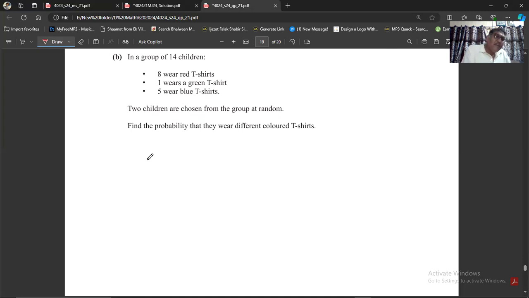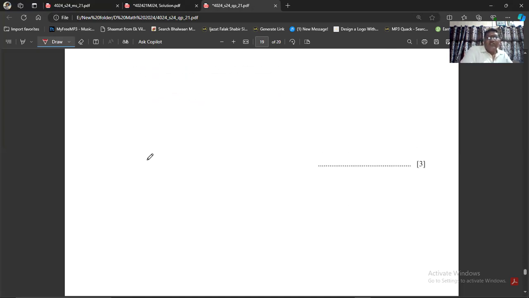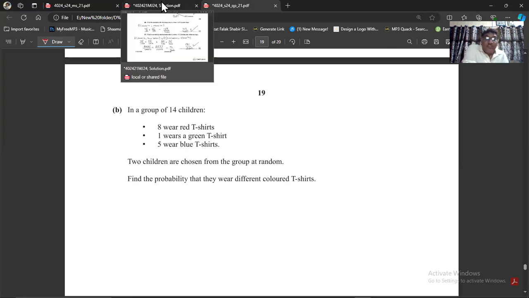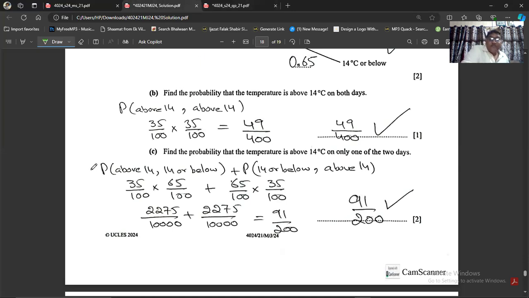Find the probability that they wear different colored t-shirts. It's a 3 marks question. So the red t-shirts, there are 8, 1 green t-shirt, and there are 5 who wear blue t-shirts. Let me show you.